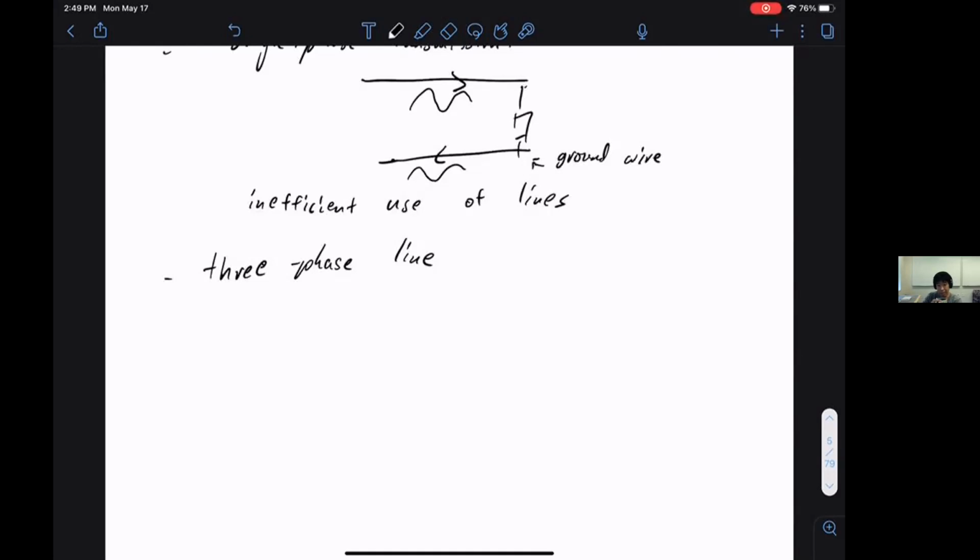And it's important to think about this being an AC system. Because we're dealing with sinusoids, is there a way to still satisfy the conservation of charge, but not have a ground wire, or not have all the return paths?